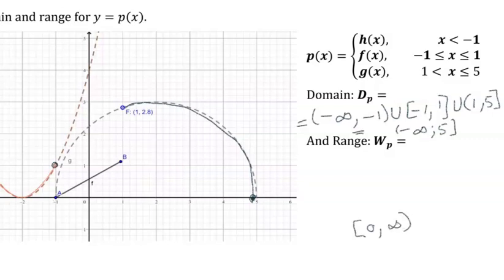If we break it down, the red one will be from 0 to infinity. The next one will be from 0 to 1, closed intervals.